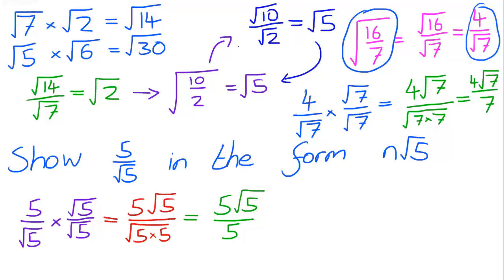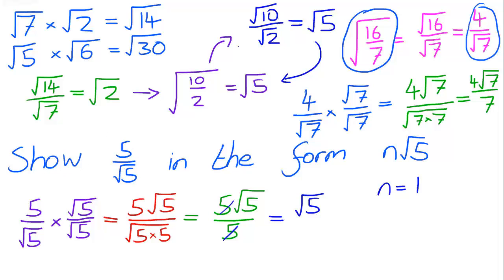Then that is equal to the root of 5, because the 5's cancel. So we have n equals 1, and that's the kind of thing you might get asked to do in the exam. That might be 1 mark, maybe 2 marks.